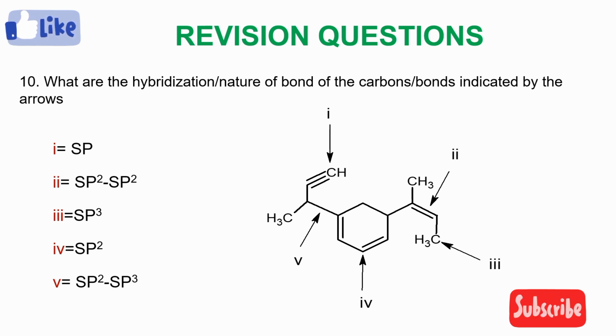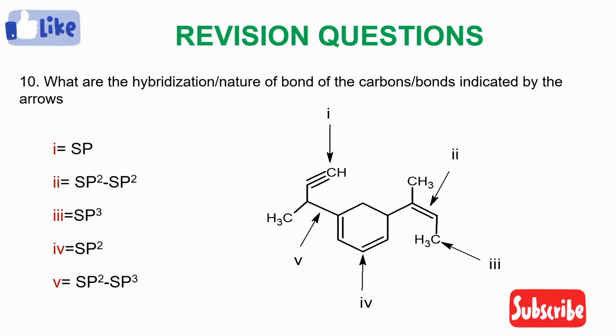II is talking about bond. So in that case, I'm talking about the hybridization of the two carbons that are connected by that bond. You realize it is sp2, sp2. If you look at III, they're talking about the hybridization of the carbon, which is saturated system, making it sp3.